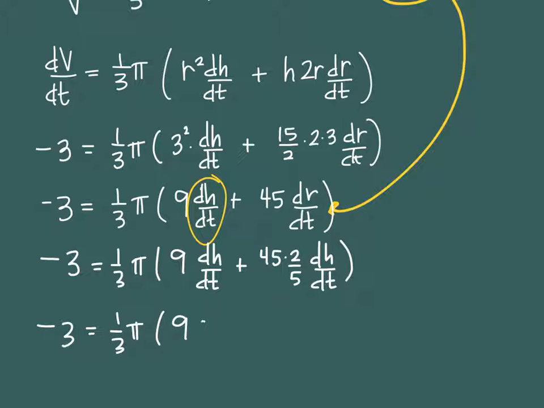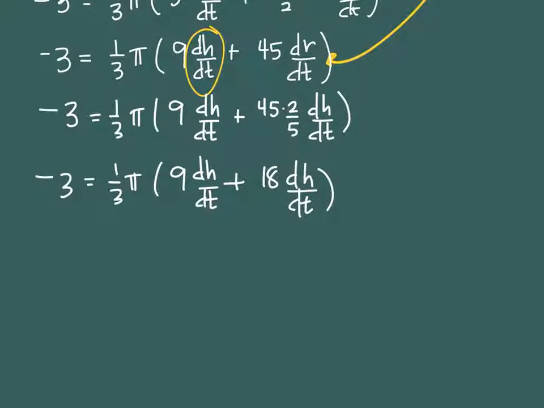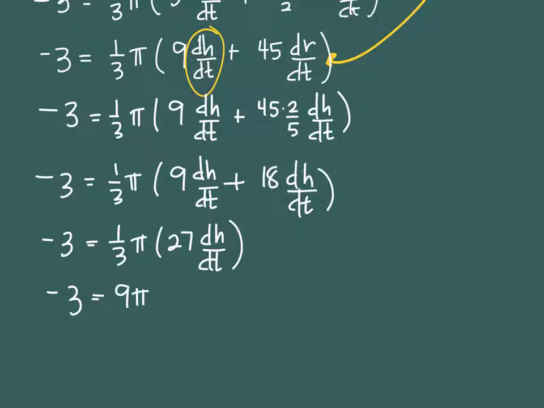Because now I have 9 dh/dt added to 18 dh/dt, and I can simplify that. It is super helpful to know that the ratio of the rates is preserved like that. So I'll have 1/3 pi times 27 dh/dt, or 9 pi dh/dt.